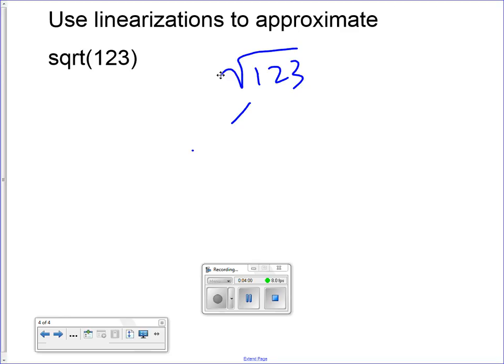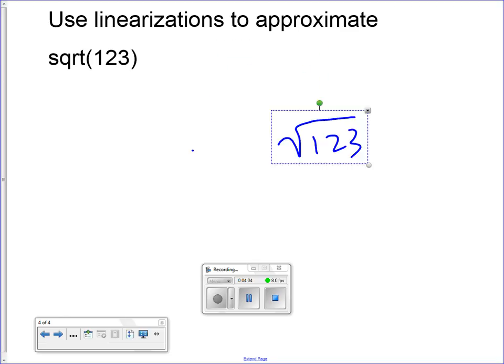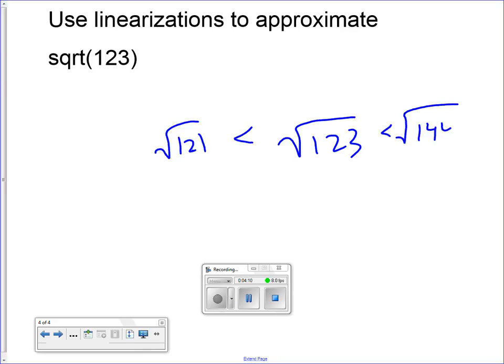We know this value is in between the square root of 121 and the square root of 144. So we know the answer is between 11 and 12. And 123 is much closer to 121 than 144, so our answer is pretty close to 11.